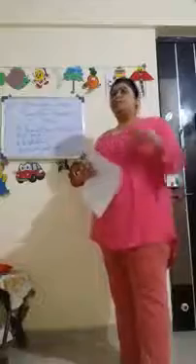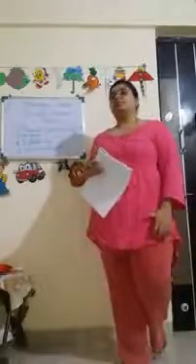Why does she do all this? She has to give something at the end of the year. What is that? A report card. Exactly. It's the report card. So all this is done and she prepares the report card.